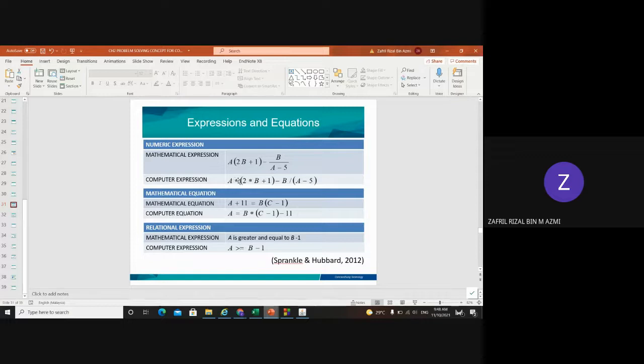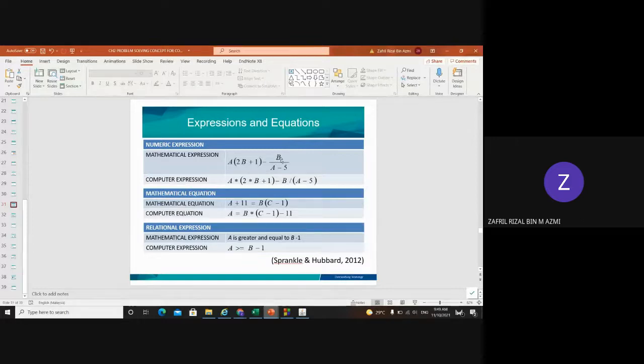a star. Same goes over here, 2b. If you put 2b in your program, it won't be understandable and your program is going to get an error. So help your program understand this by putting a star. Same goes over here.